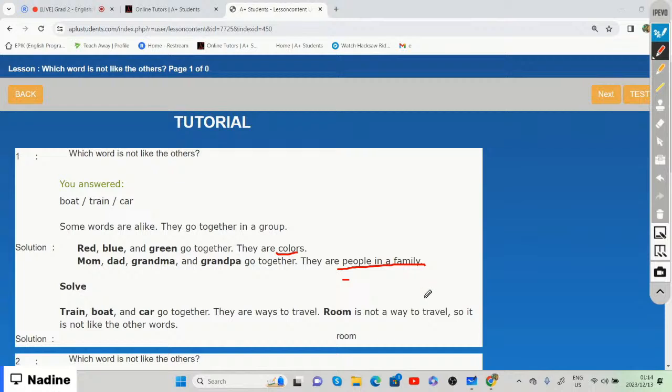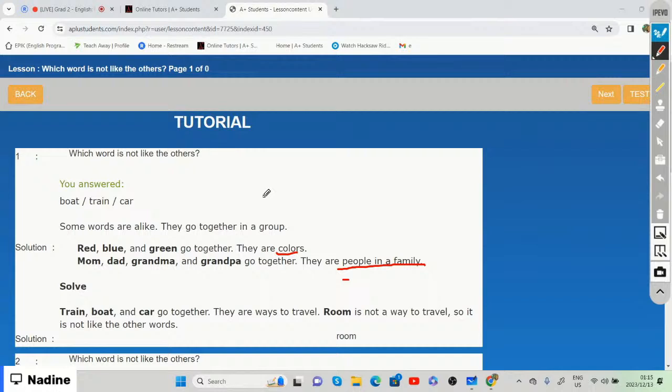So we have people in the family, and we have basically where we grouped some of the examples into colors. All right. So now it says which word is not like the others?